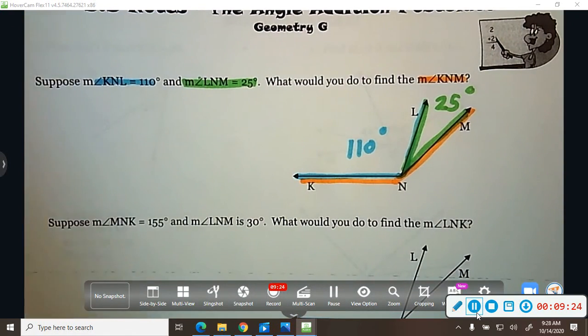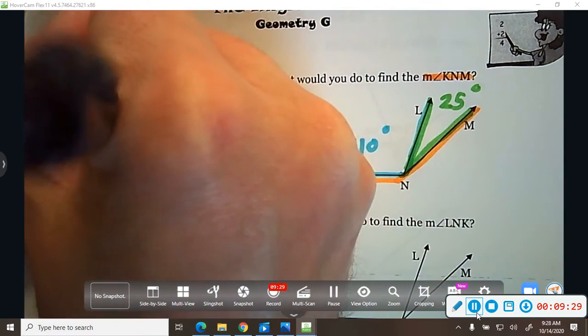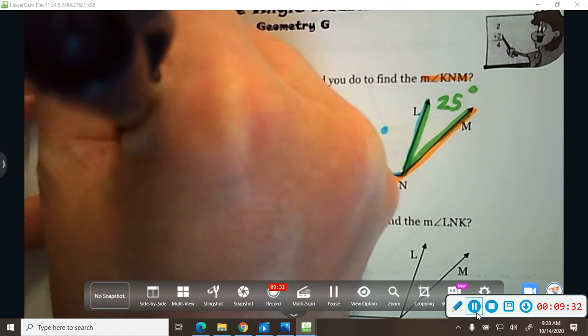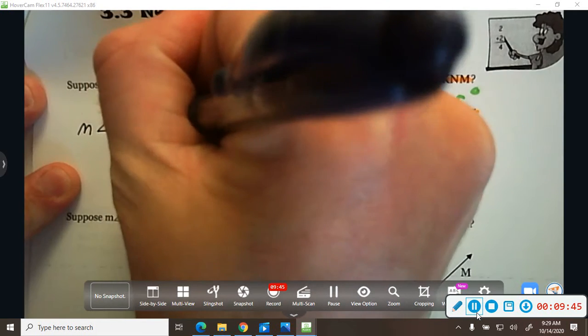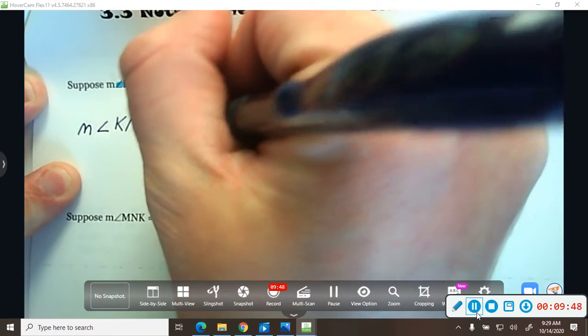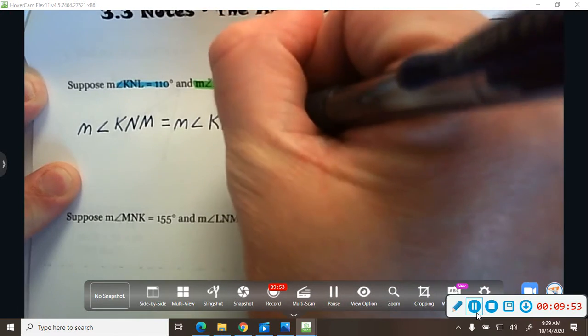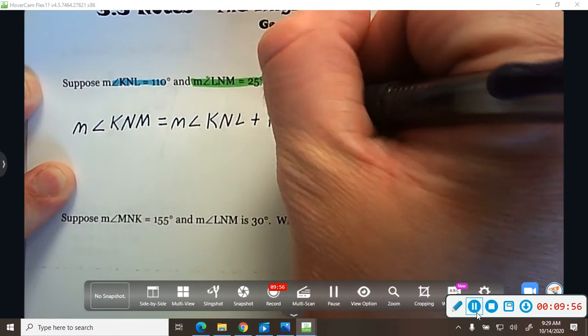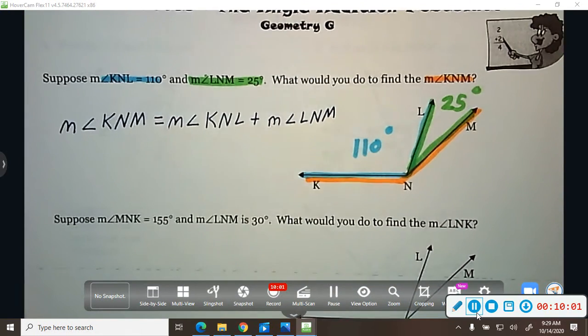And I should probably put the measure of angle KNM equals the measure of angle KNL plus measure of angle LNM. And that is by the angle addition postulate.